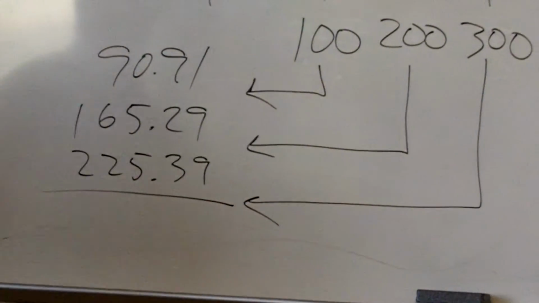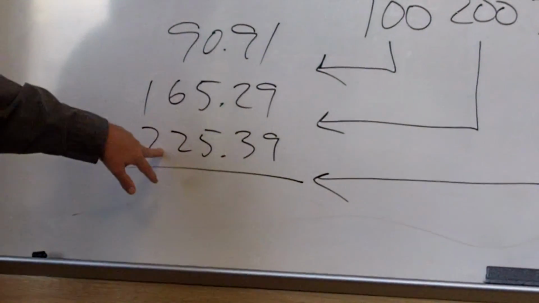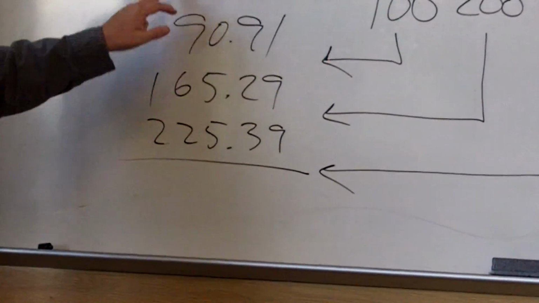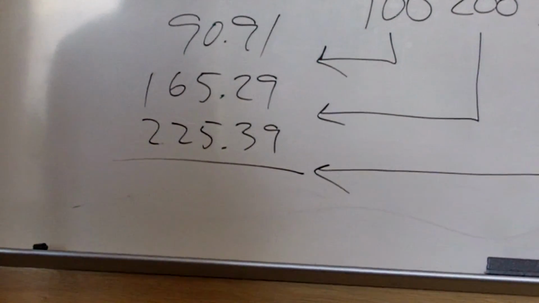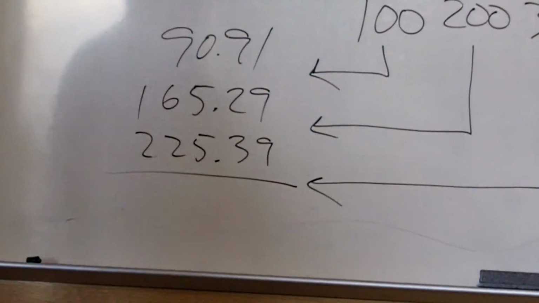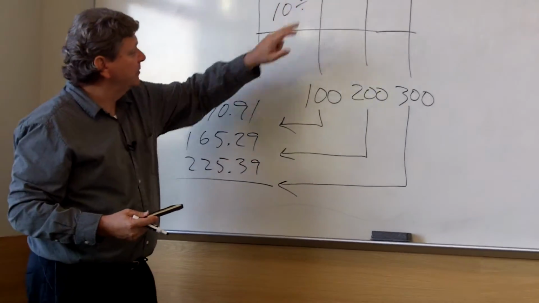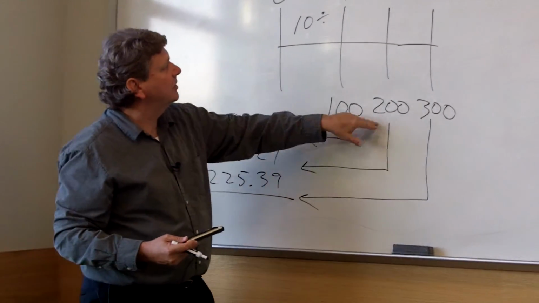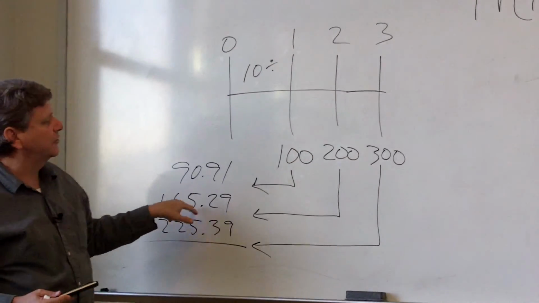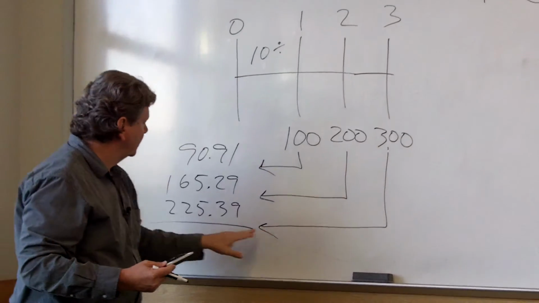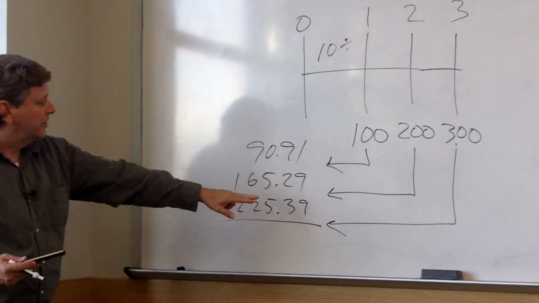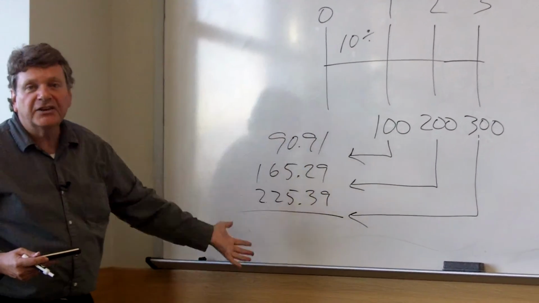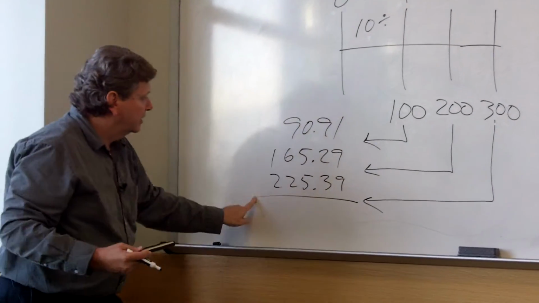All right. So what's the most you'll pay for this investment? The most you'll pay is the sum of these present values. Add them up. We've got $100 received in 1 year is worth $90.91 today. $200 in 2 years is worth $165.29 today. 300 in 3 years is worth $225.39 today. So the entire cash flow stream is worth the sum.